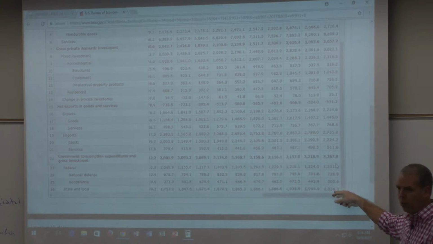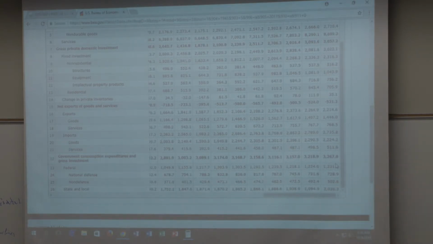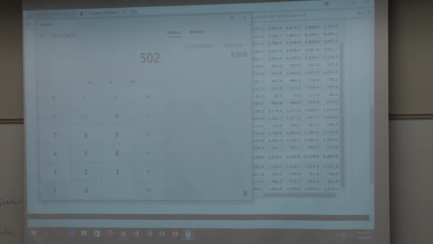Well, that's things that state and local governments don't do very well anyway, right? So this $502 billion from the federal government, it's only about 15%, right?